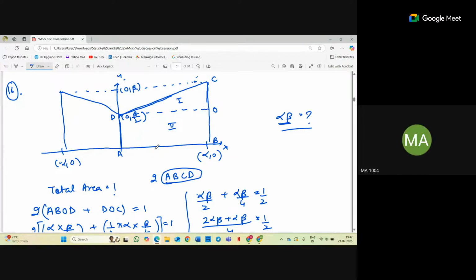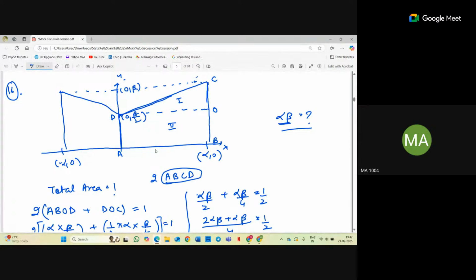Okay. So, you have doubled it? You will double the area, right? Multiply it by 2. No. You have just found the area of this part, right? But the total area should be equal to 1, not this part.